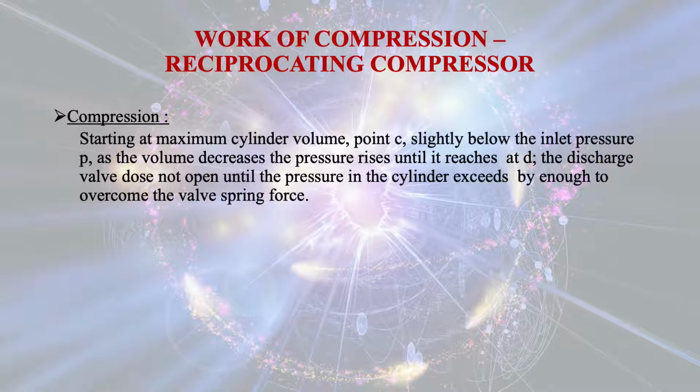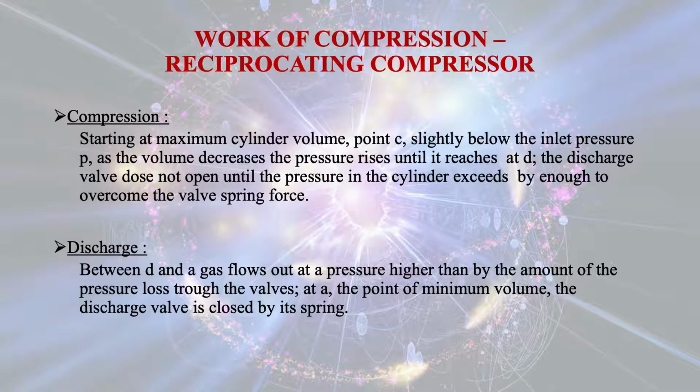As the volume decreases, pressure rises until it reaches point D. The discharge valve does not open until the pressure in the cylinder exceeds the discharge pressure by enough to overcome the valve spring force. Next one is discharge.